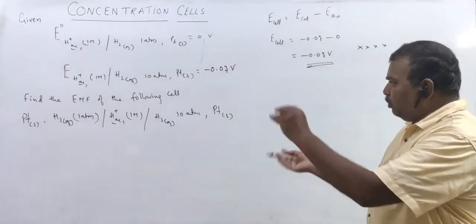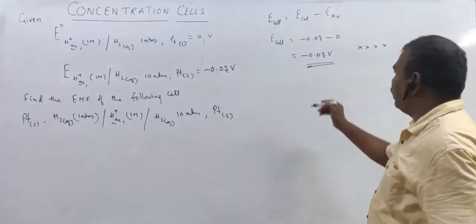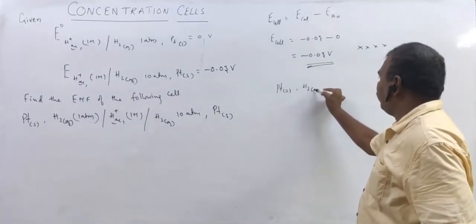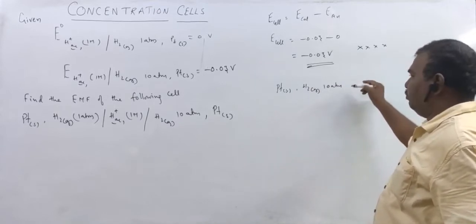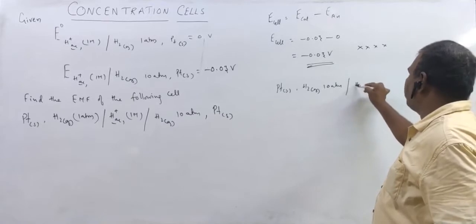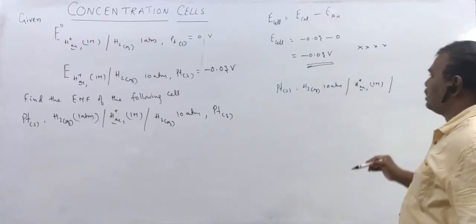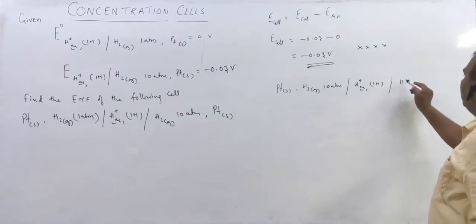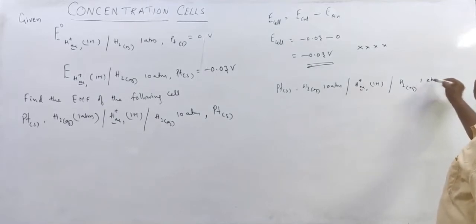Now, if you reverse these two electrodes, then see: Pt solid, hydrogen gas, 10 atmosphere pressure, then H plus ion concentration 1 molar in both the half cells, then hydrogen gas 1 atmosphere pressure, platinum solid.